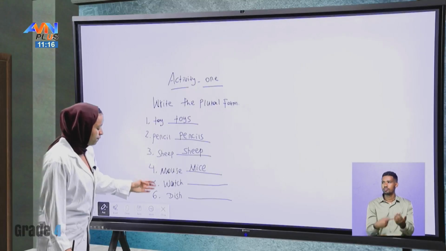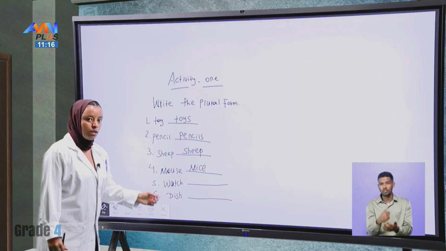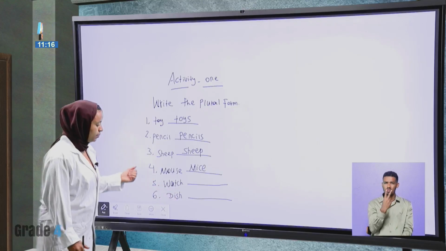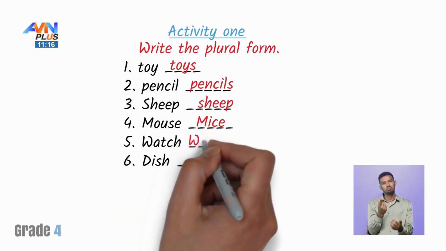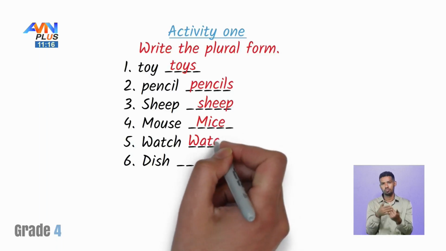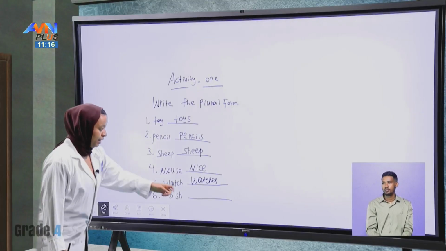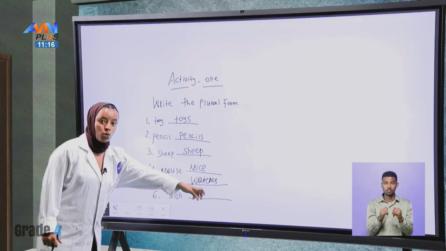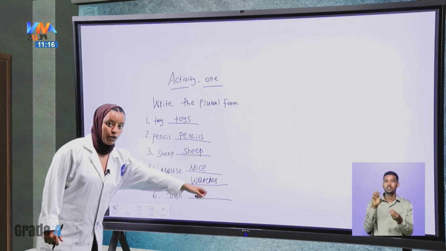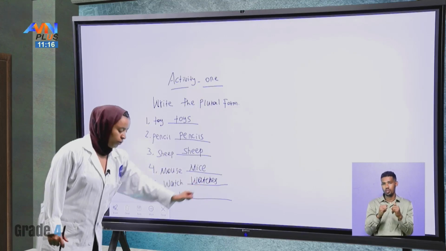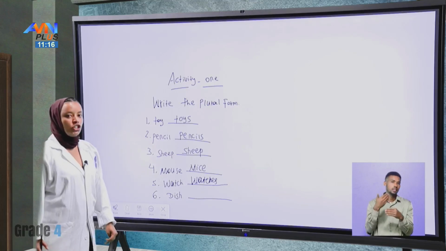Here is 5, watch. Ending with CH, so add ES at the end of the noun. The next one, dish.